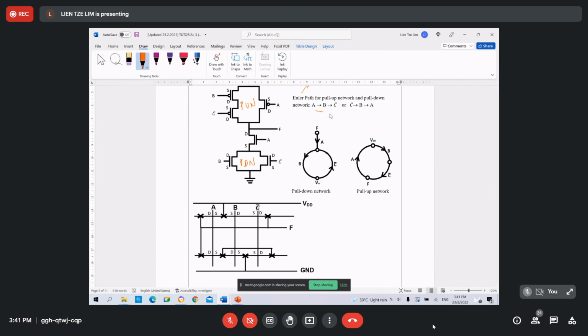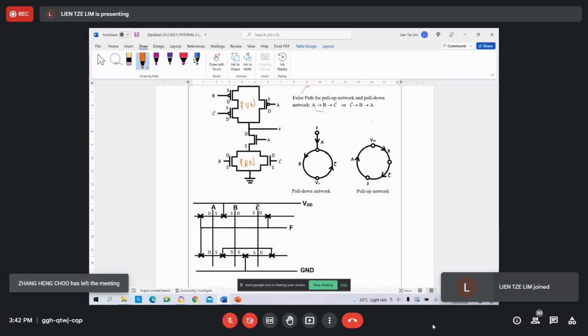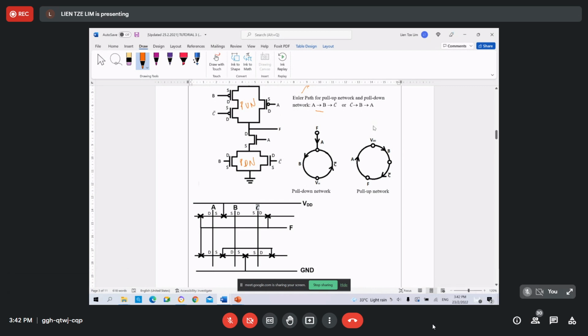If you use a different path, you get a different Euler path, and you can also draw the stick diagram, but you need to make sure that your Euler path goes in one direction through each of the transistors in the pull up and pull down network, and the sequence of the transistors must be the same in both networks.